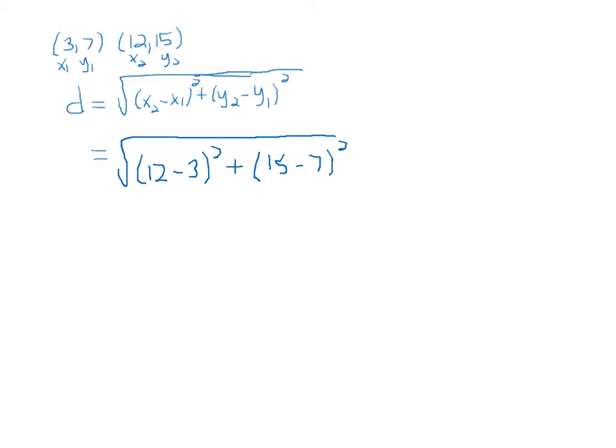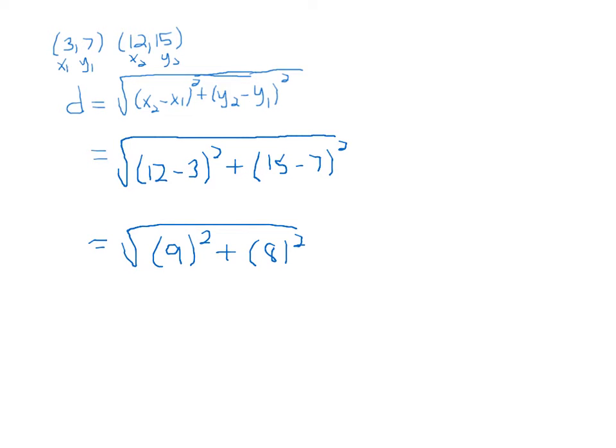So now I have to simplify what is under the root. 12 minus 3 is equal to 9, so I have the square root of 9 squared plus 15 minus 7, which is equal to 8. So this is the same thing as 8 squared.